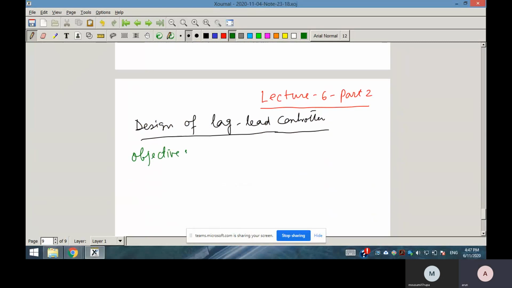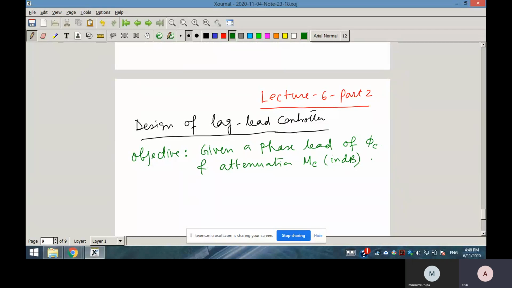Given a phase lead of phi c and attenuation Mc in dB. Mc is negative, remember that, but phase lead phi c is positive here.